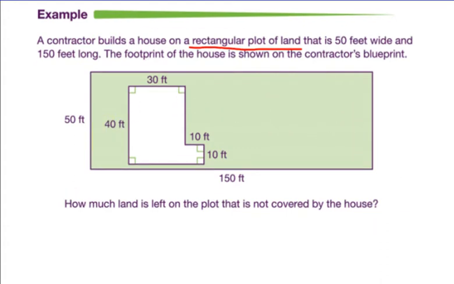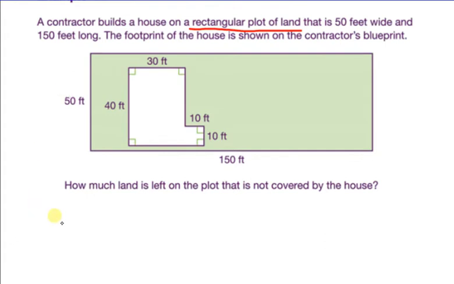Now, in order to do that, the easiest way is to start big and go small. So you first want to calculate the area of the large shape, then calculate the area of the small shape, and subtract them. First we have the rectangle. The area for a rectangle is area equals base times height.